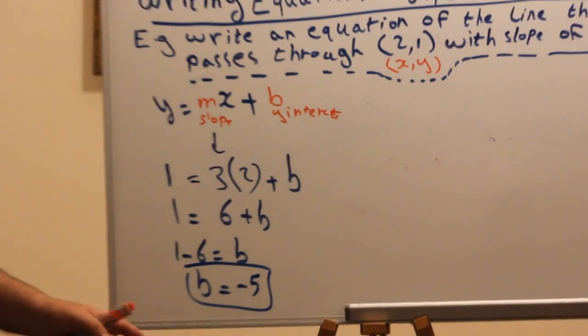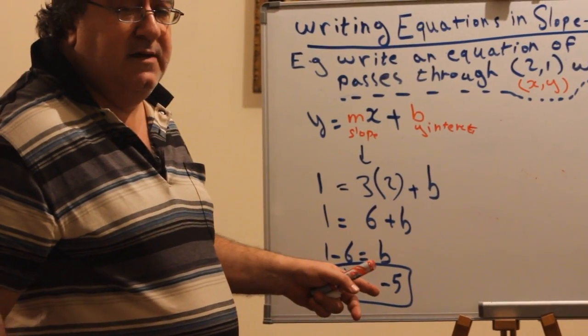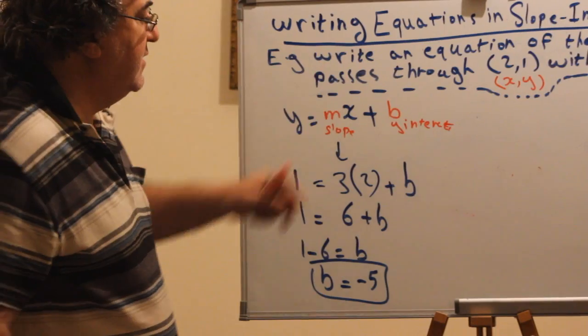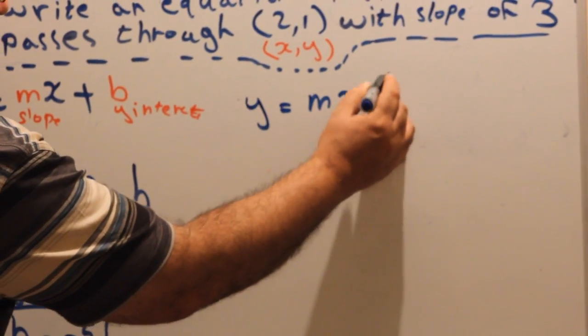So once I get b is minus 5, it doesn't mean the problem has ended. No, I have to write the equation. The equation is y equal mx plus b.